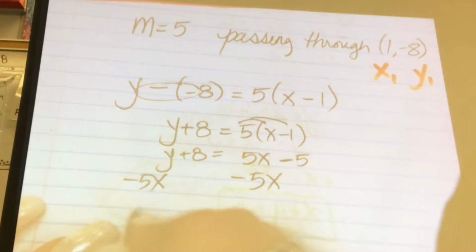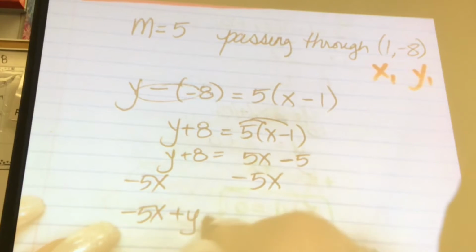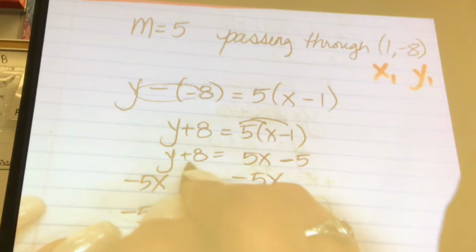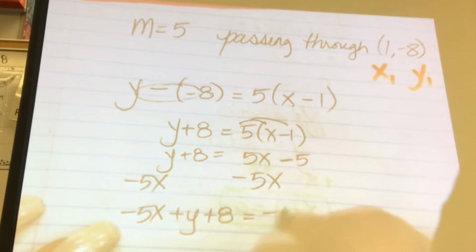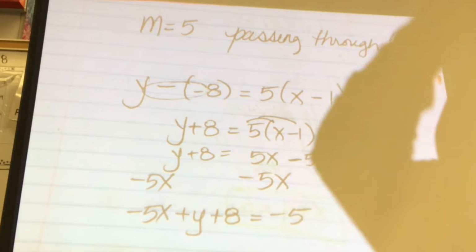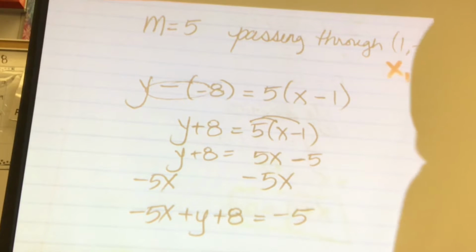You get negative 5x plus y plus 8 equals negative 5. Oh my gosh, it's almost there. Do you see it? Go, Isaiah. Back into it.